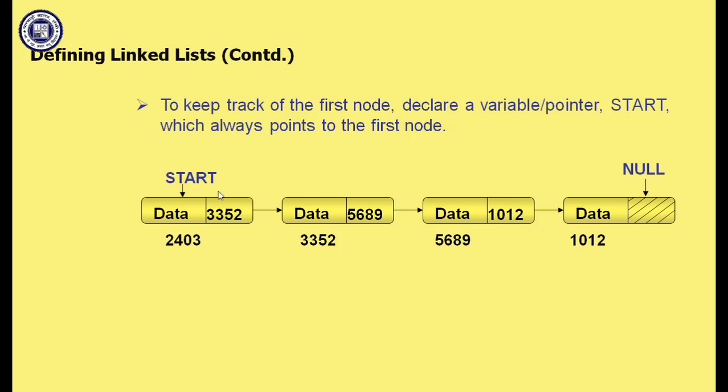This start variable will indicate that the linked list is starting from this node. Now when the list is empty, start contains null. Start is equal to null. This means the linked list does not have any node. It is empty.